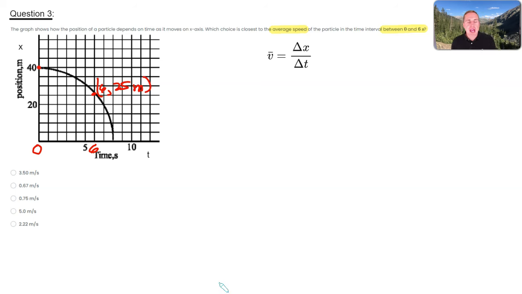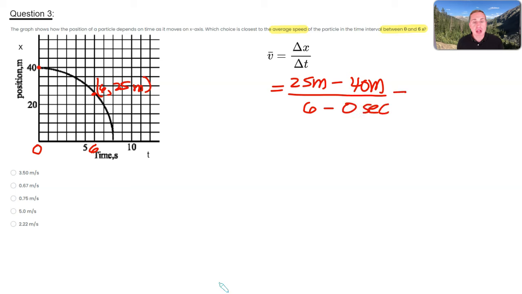Okay, so when we calculate this average velocity, we can say this is change in x, so that's 25 meters at the end, minus 40 meters at the beginning, divided by 6 minus 0 seconds. So that's about negative 15 meters divided by 6.